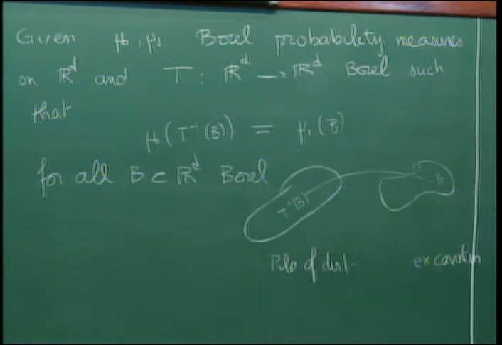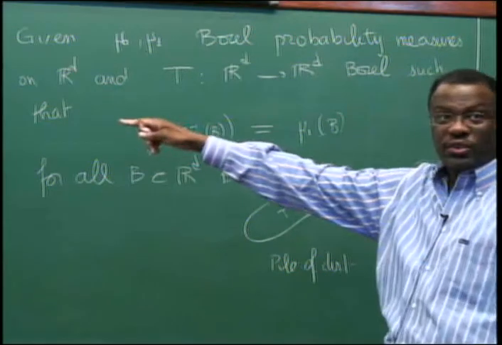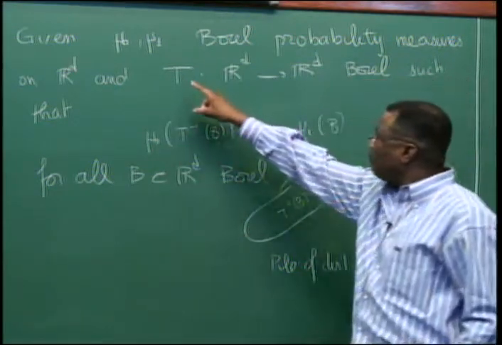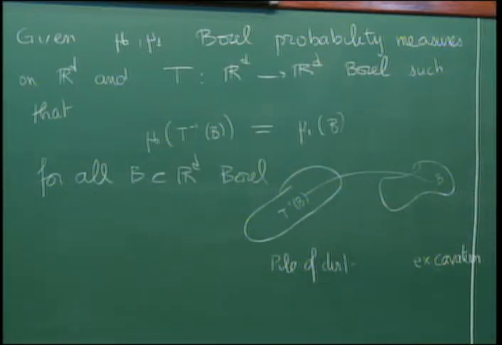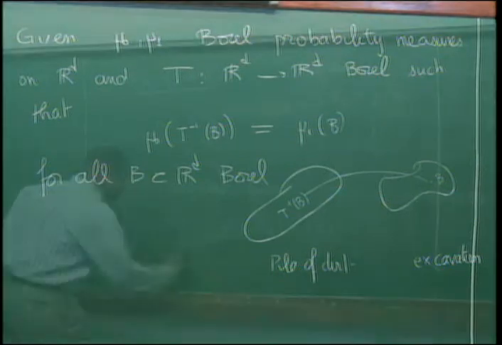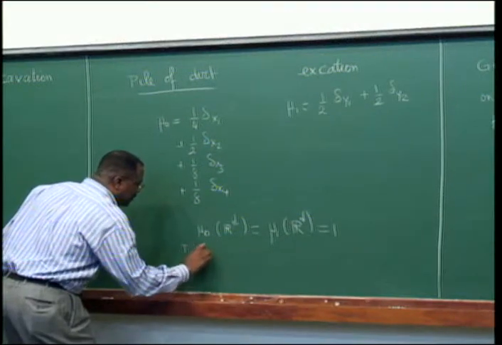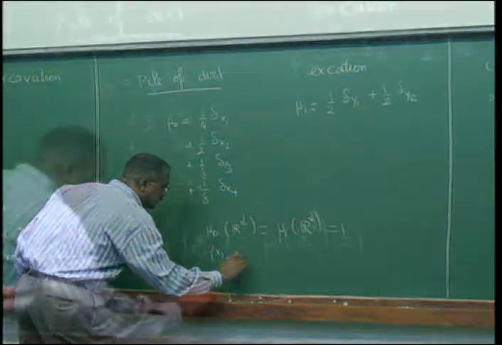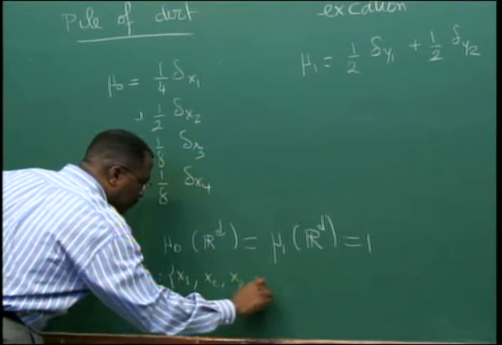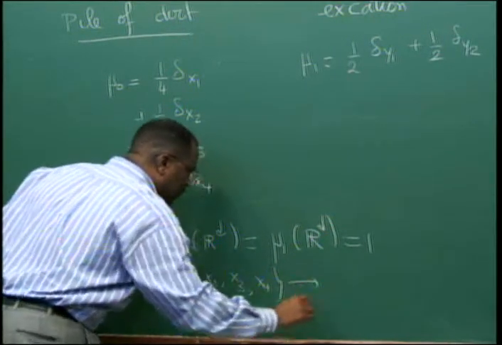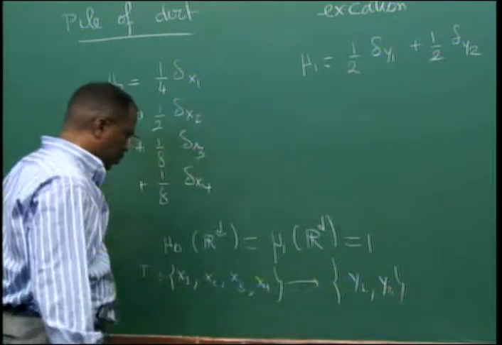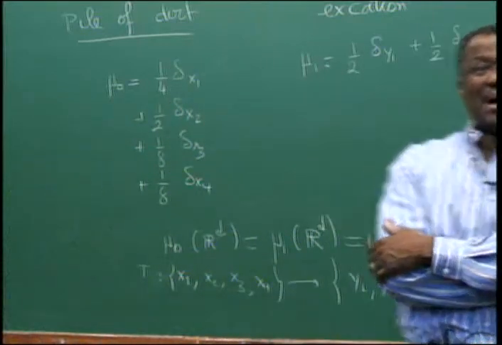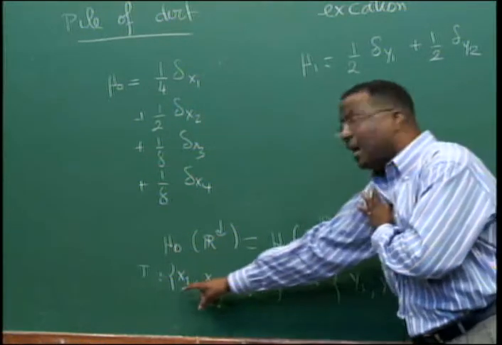Okay, so now let me compare what is here to what is there. Here I have chosen T from R^d to R^d, and there, in this example, you see that I did not care about how to define T outside this set.